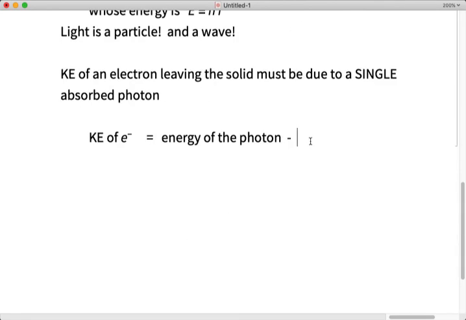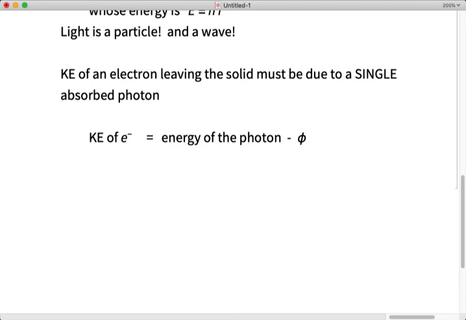And that, in fact, is the work function, or phi, right? So this is just conservation of energy. This is the total energy that you've given to that particle. This is how much energy it took to liberate it from the metal, and this is how much is left to have kinetic energy of that electron after it leaves the metal.